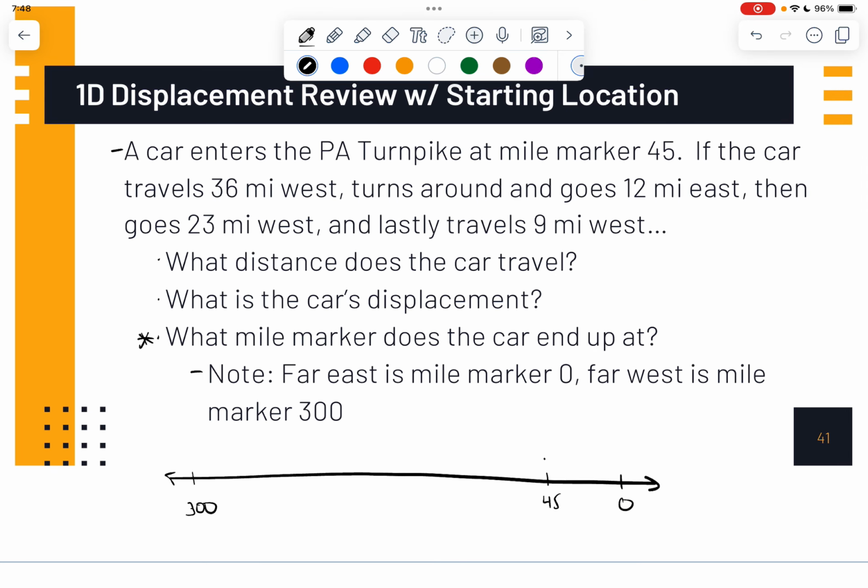Maybe we call that point A, where we begin. From there, we're told that the car is going to go 36 miles west. West is, in this case, going to our left. So we go 36 miles going west.